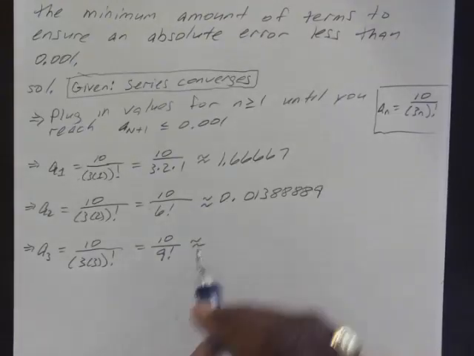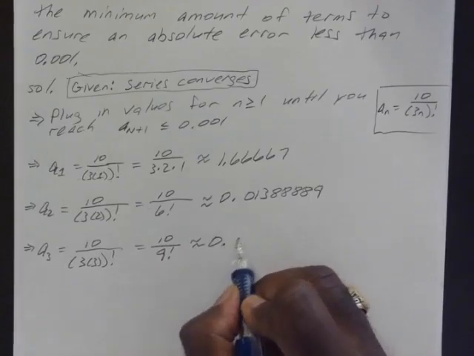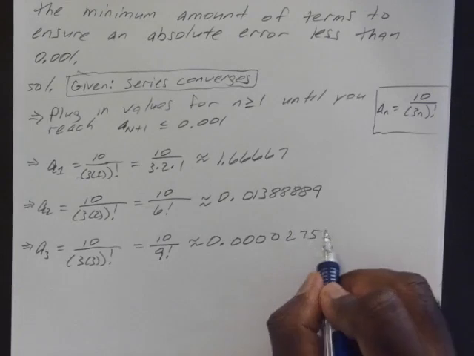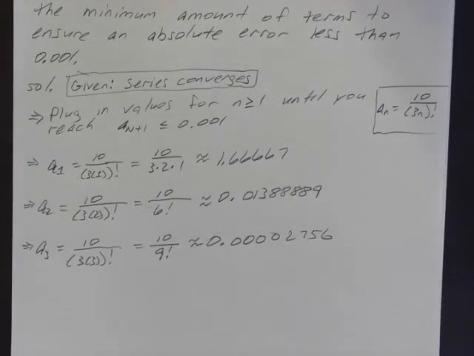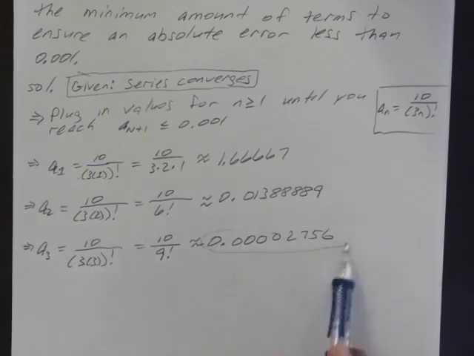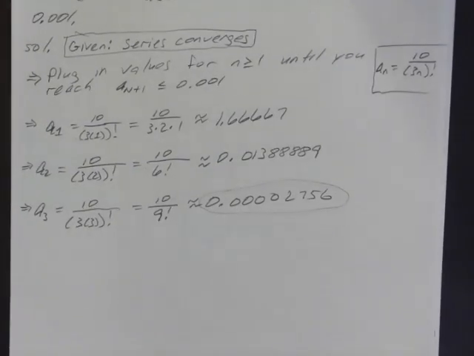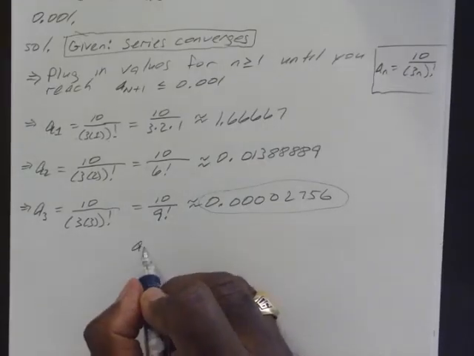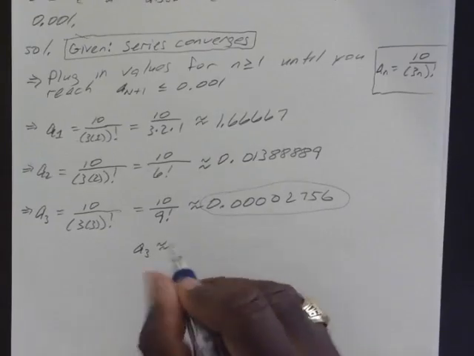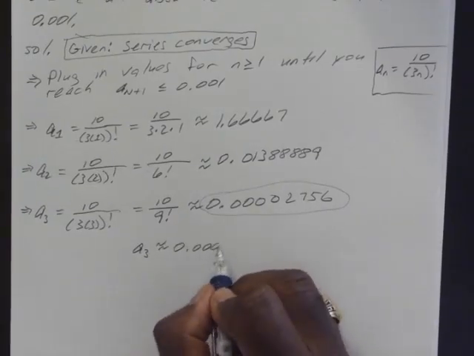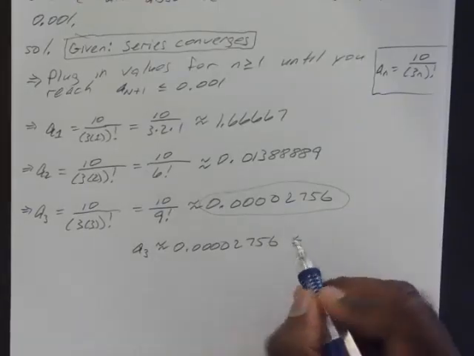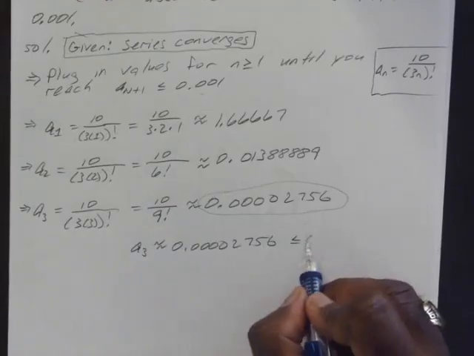Okay, so that gives us 0.00002756, which is really what we're looking for. Because we know that a sub 3, which is 0.00002756, is less than or equal to 0.001.